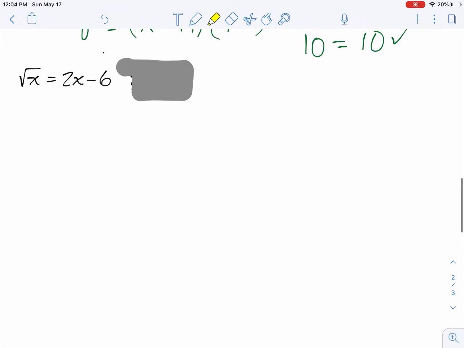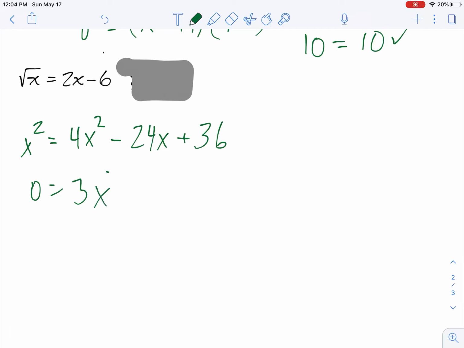All right, here's one final one to practice. I would pause, do these in your notes, and then let's see what happens. This is probably looking annoying, so I'm going to factor out a GCF of 3.